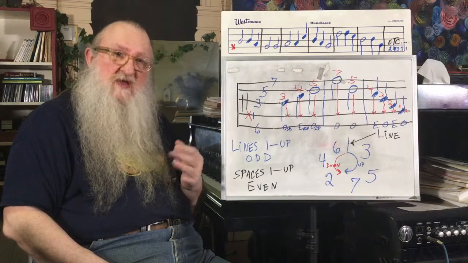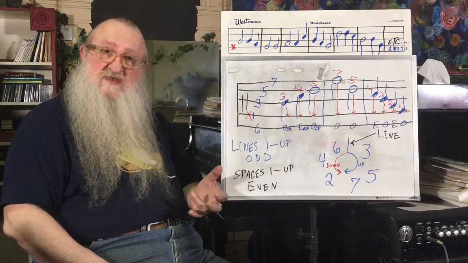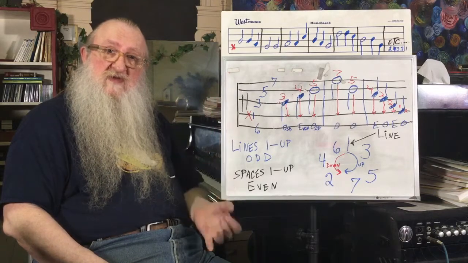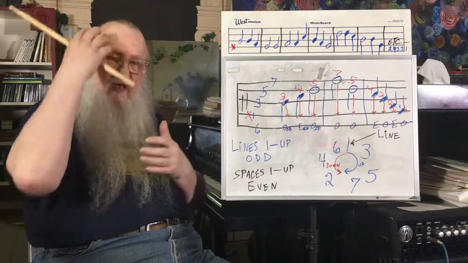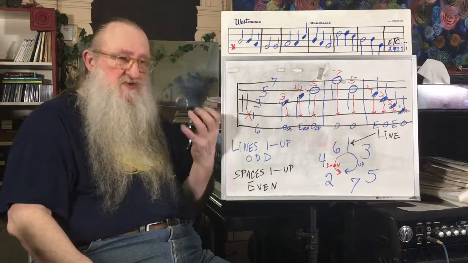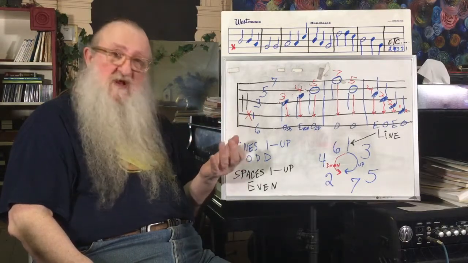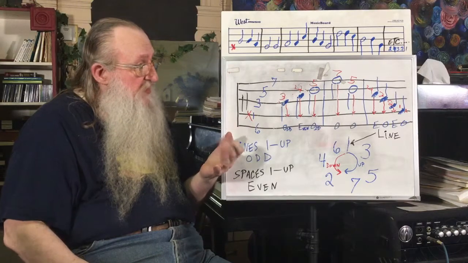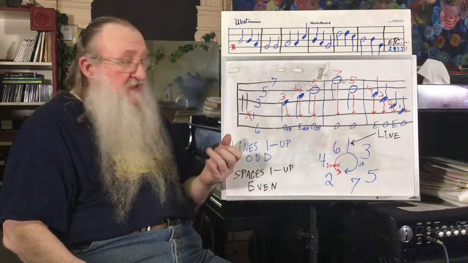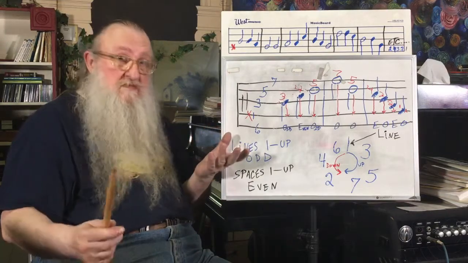And again, if I practice 1, 2, 3, 4, 5, 6, 7, 1, 7, 6, 5, 4, 3, 2, 1, I get to the point where this fingering pattern becomes automatic and I don't have to think about it in my left brain. So I know this starts on 3, so I go 1, 2, 3. So now I've got my finger on that 3, 4, 3, 4, 5, 7, 5, 4, 3, 2, 1.